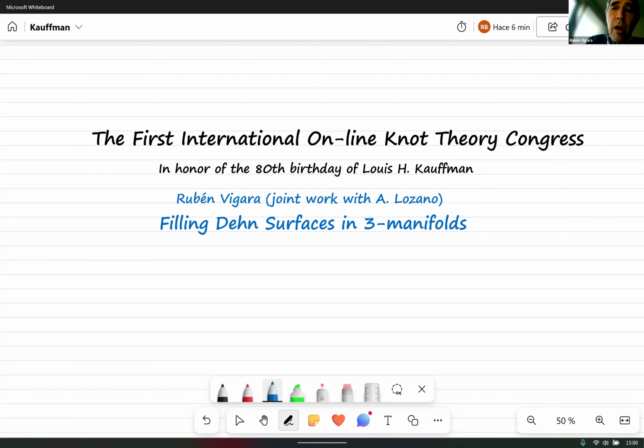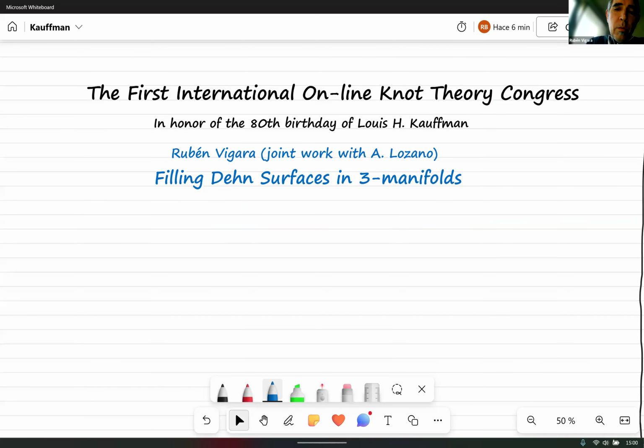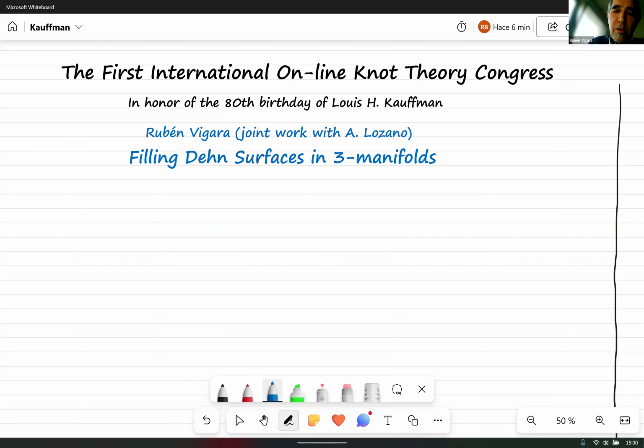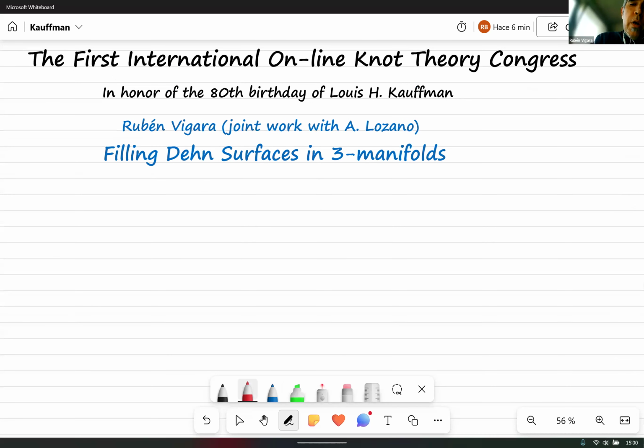So let's start with a few definitions and remarks. What are filling dense surfaces in three manifolds? First of all, what do we understand by surfaces and three manifolds? They will always be considered compact and without boundary.